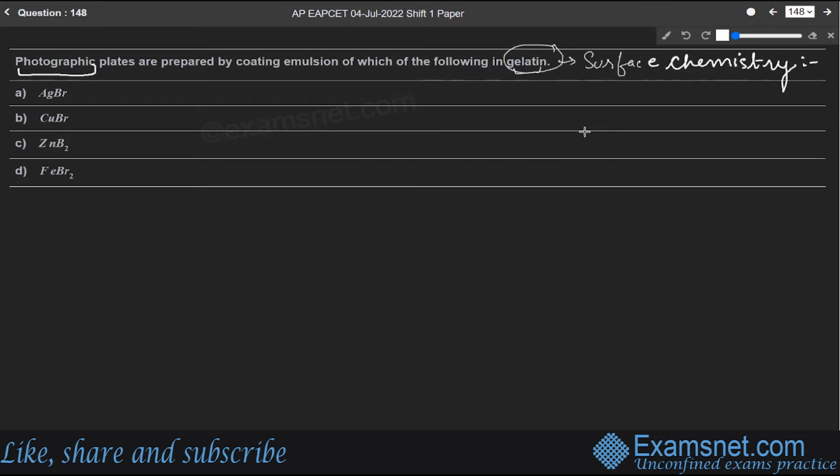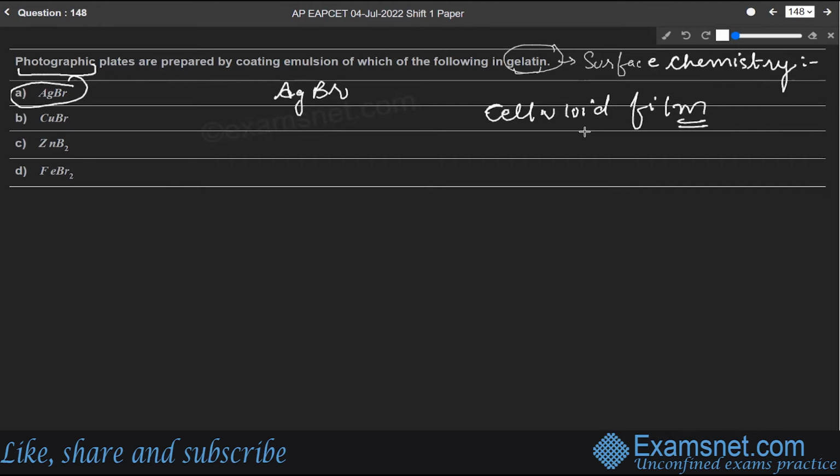So how are films prepared? They are prepared by coating an emulsion of a light sensitive salt, and that is nothing but AgBr, silver bromide, which is used in gelatin or even in celluloid films. This is used in the film industry, in photographic films, even black and white in earlier times.